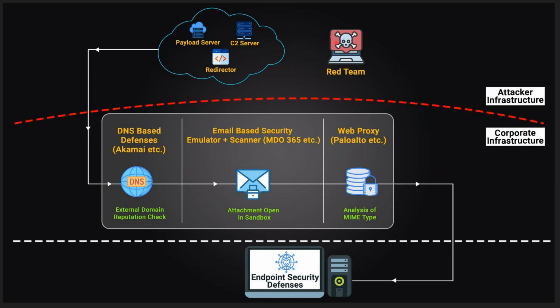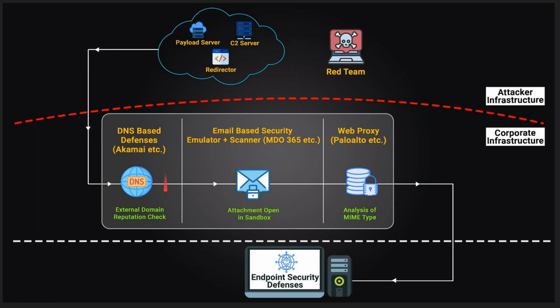So the red team has deployed its own capabilities, like C2 servers, redirectors, or payload server. So it's all on the attacker network side. And then on the corporate infrastructure, how the companies have been placing these controls are also there.